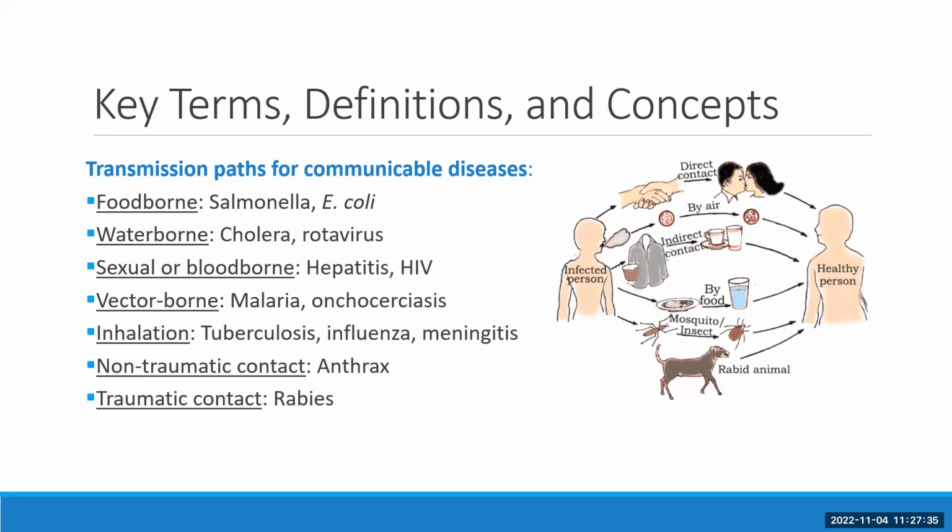So moving on to communicable diseases, this is a slide showing the different transmission paths for communicable disease. I think what's important to know is the range of different ways that infection can be transmitted, like through food, through water, through sex or blood, etc. And you should know examples of each of these things.